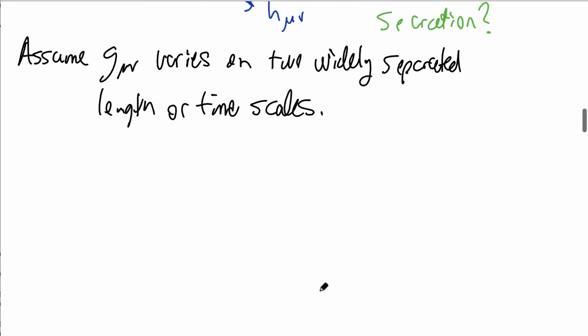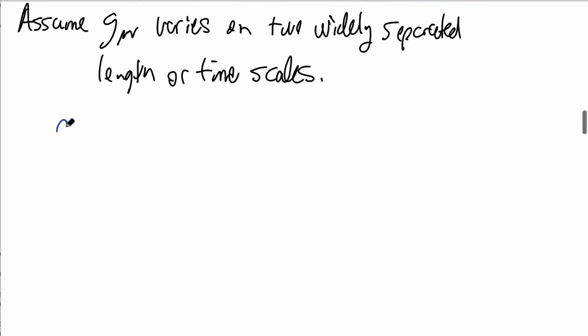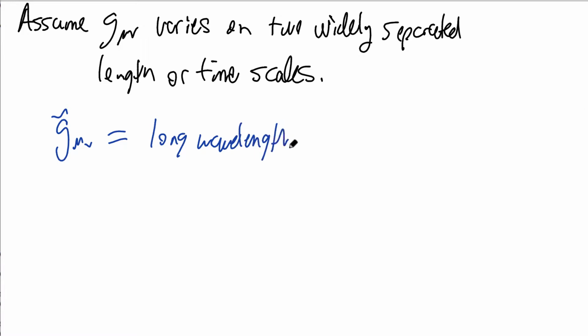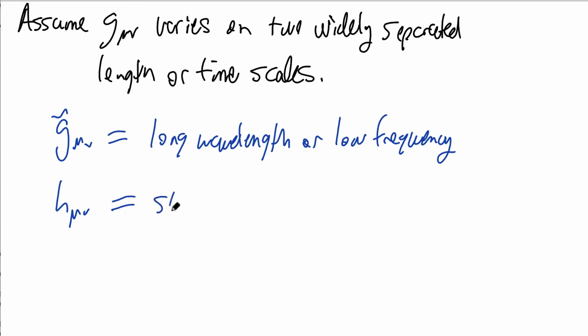In this case, we define the background metric, g tilde, to be the long wavelength, or low frequency part of the metric, and the perturbation h is the short wavelength, or high frequency part.